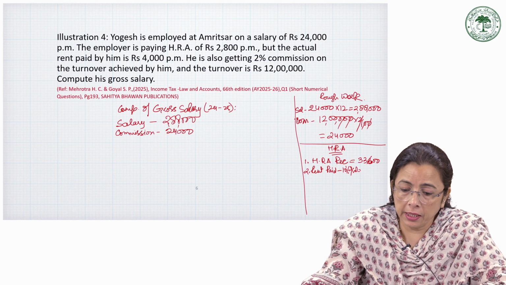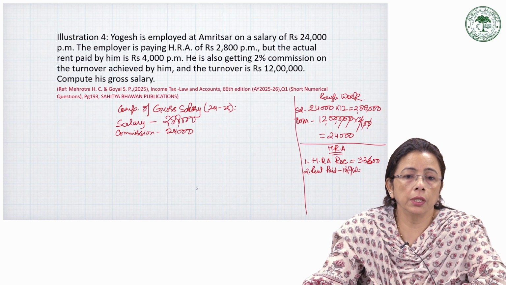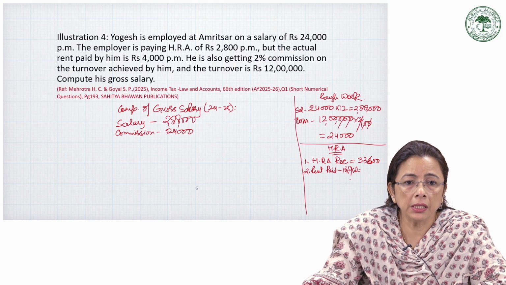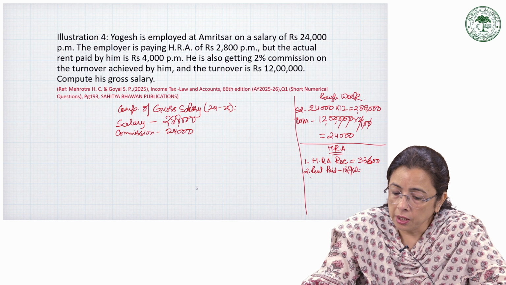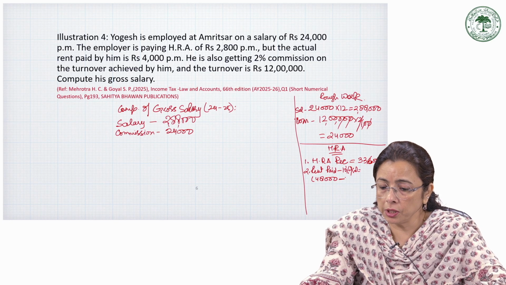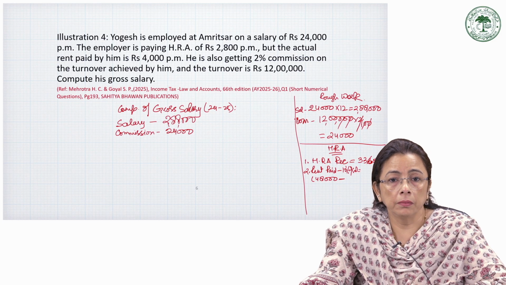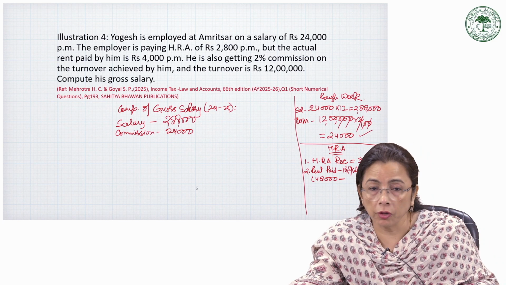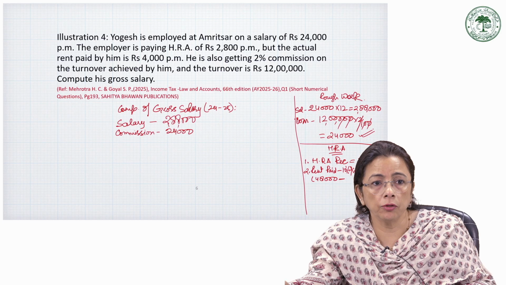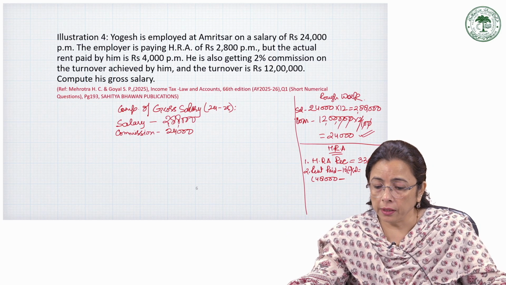Then the second point is rent paid minus 10% of salary. Rent paid is 4,000 per month, so for 12 months, 4 twelves are 48,000. And 10% of the salary: his total salary is 2,88,000 plus this amount 24,000, because there is no DA in the question, but these are the two amounts that have to be added together.